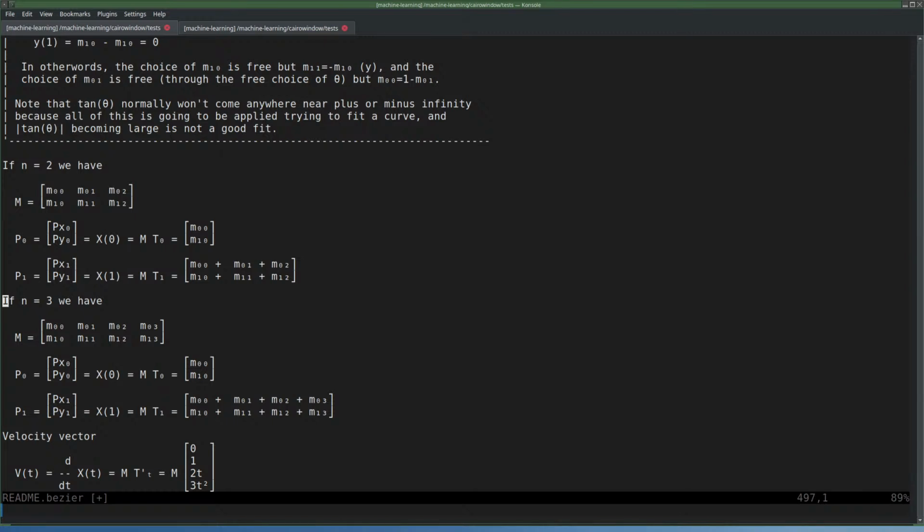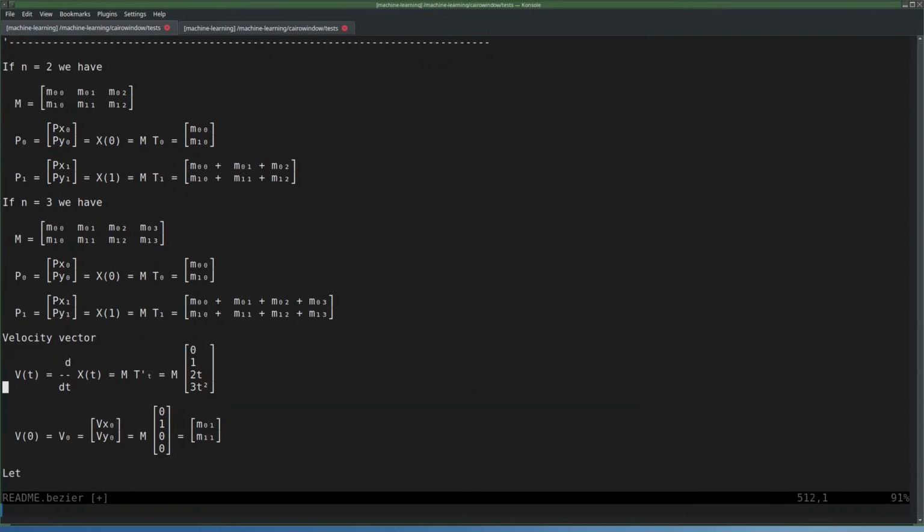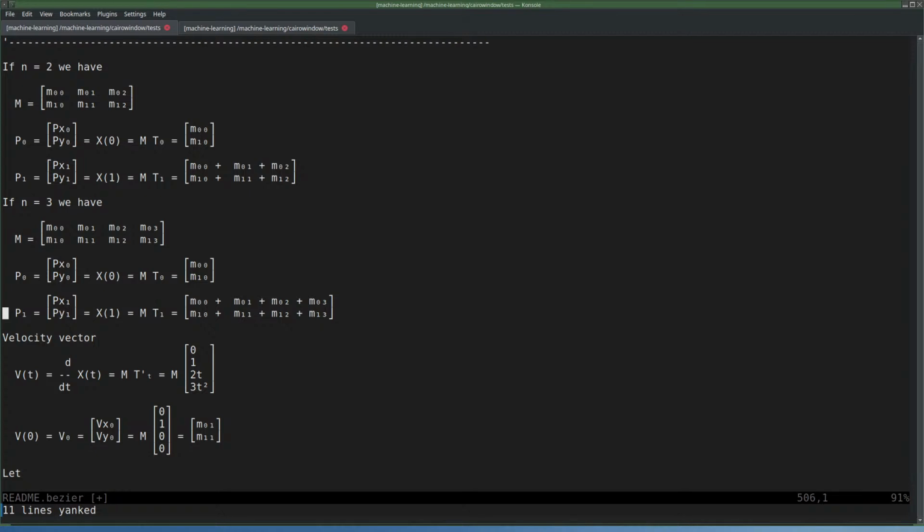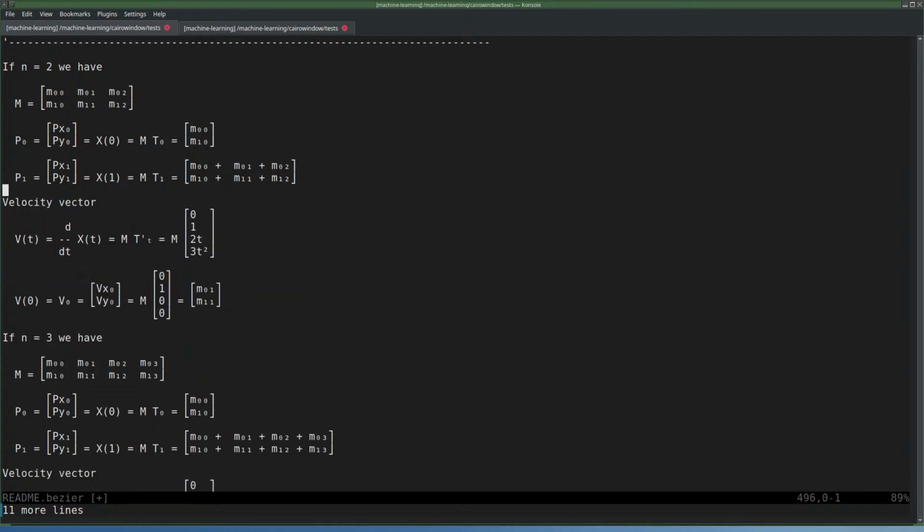Guess I have to continue with it though. The velocity vector v0. So this one is gone. Just move everything well down.